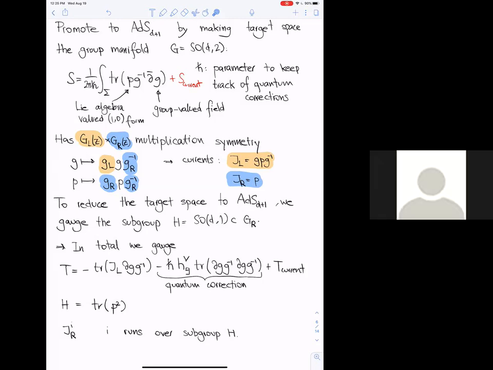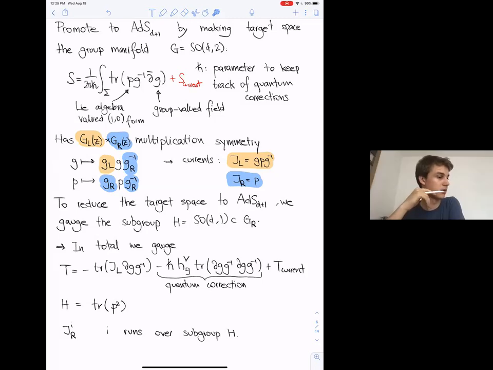So for the usual curved beta gamma system, one condition for the vanishing of the anomaly is that the first Pontryagin class of the target space has to vanish. So I'm just wondering, is that true for the group manifold you choose here and maybe the subsequent target space you are going to consider? Yes, from a cohomological point of view, that's true, I think, because SO(D,2) has the cohomology of a product of odd dimensional spheres.